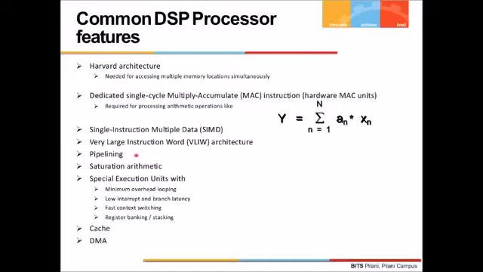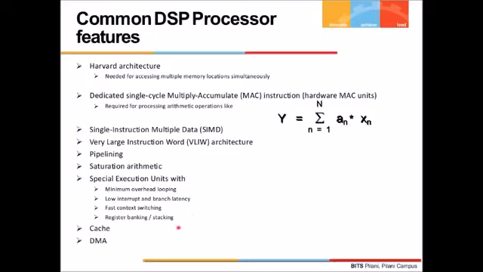They will have pipelining, they will have saturation arithmetic, and they will have specific instructions or specific execution units which will make sure that minimum overhead looping is there, low interrupt latency is there, context switching is faster, and register banking. Register banking is basically, without copying from one register to another, you can change the type of register on the fly. Basically, some registers may be input and you program the processor in such a way that they become output for some other function.